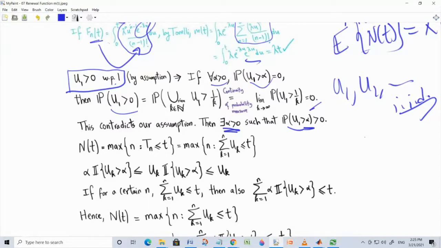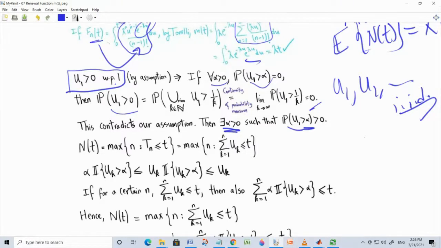Now if I can upper bound it by a famous random variable that is well known to have finite moments of all positive integer orders, then N(t) itself must have a finite first moment, finite second moment, finite third moment, and so on and so forth.